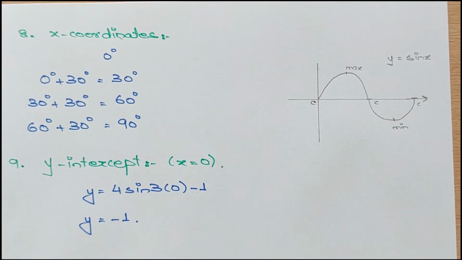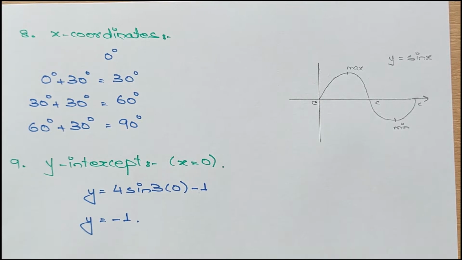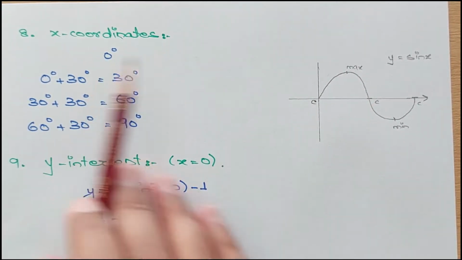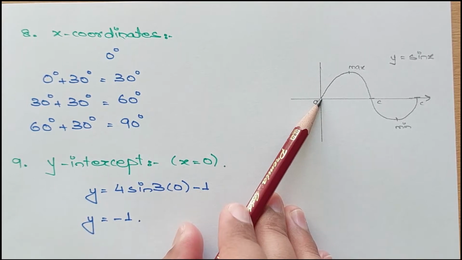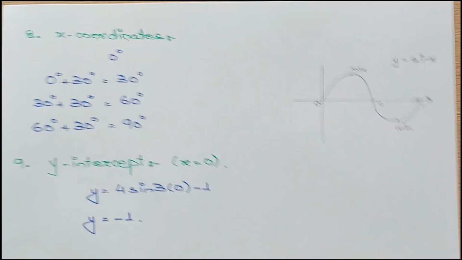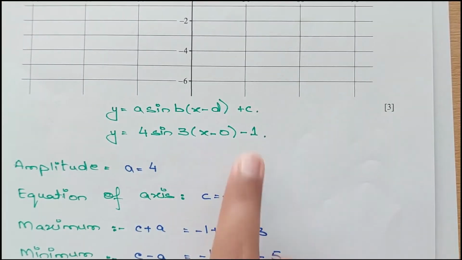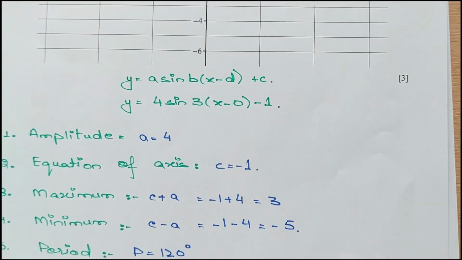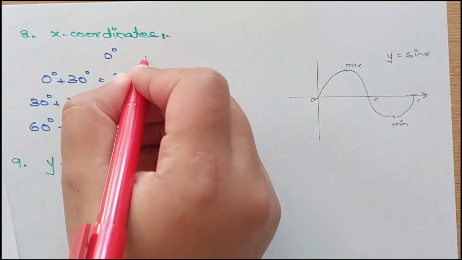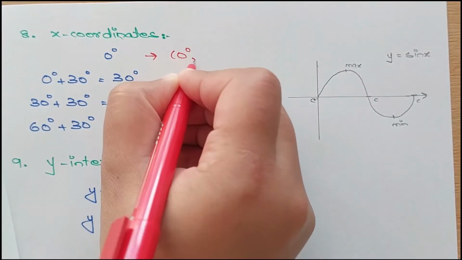So this is the curve for the sine, and these are the y coordinates. When the x coordinate is 0, this is equivalent to the equation of the axis. So the equation of the axis is the c value in our case, which equals minus 1. C is minus 1.